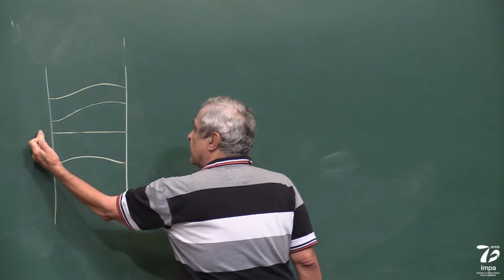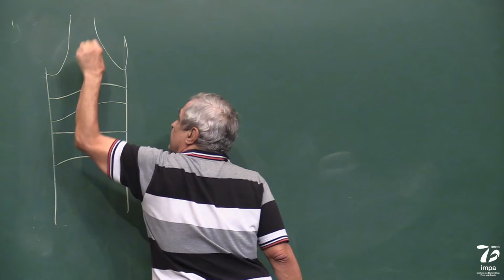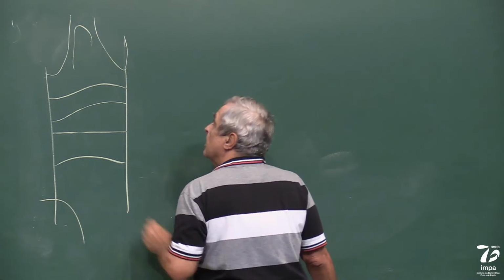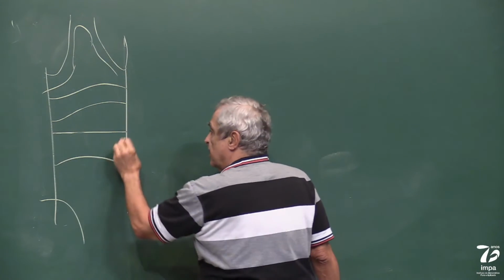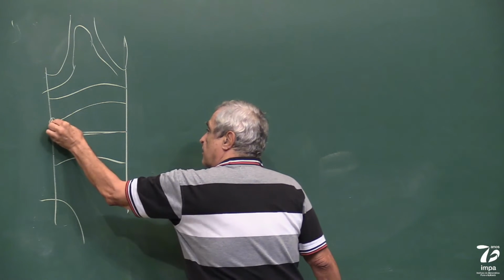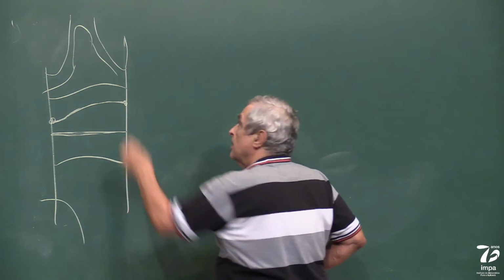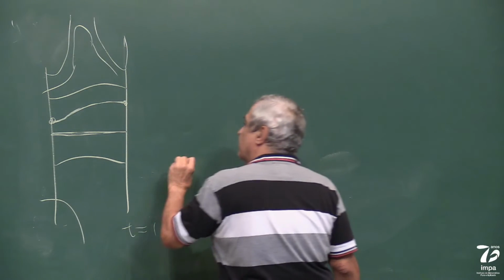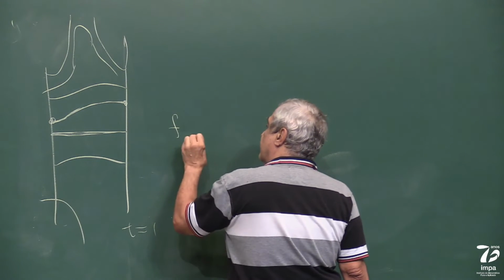Well, there are some solutions going to infinity, maybe. But the solutions beginning near x equals 0 must cut the line t equals 1. So you have the holonomy map, F.